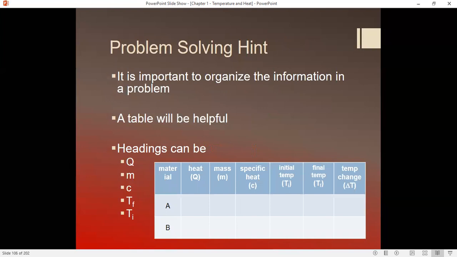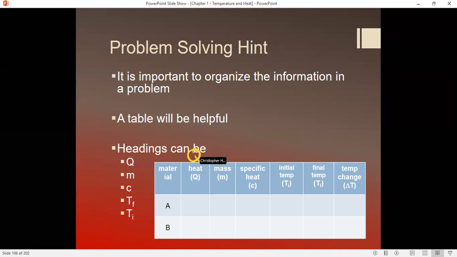Now, the way I like to do these problems is this. I like to do them in a nice organized table. You can use a table if you like my idea, or you can completely ignore this if you don't like it. It works well because it keeps everything organized. I have a tough time keeping everything straight in my mind, but we can see it's set up very much like our heat, our specific heat equation.